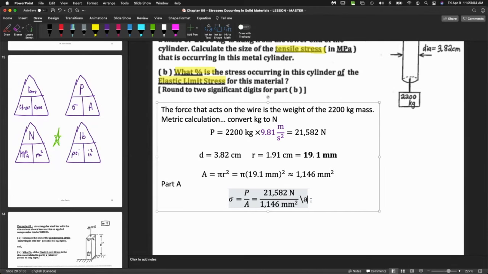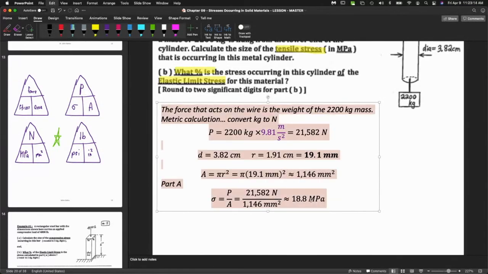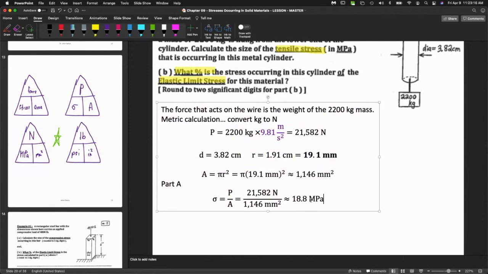One thing about typing with the video being recorded, there is always a lag. I feel like I'm typing three steps ahead in the computer, and what I see and what I write is not synchronous. Anyway, I got 18.8 megapascal.